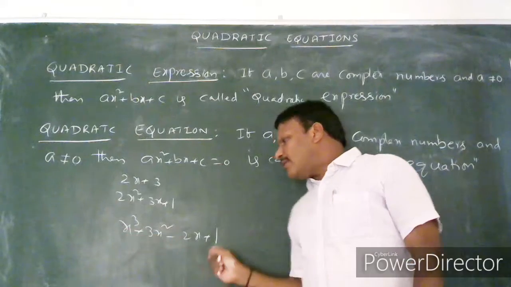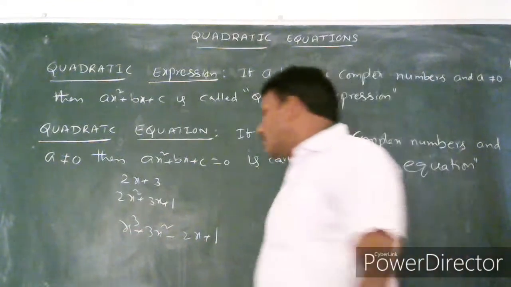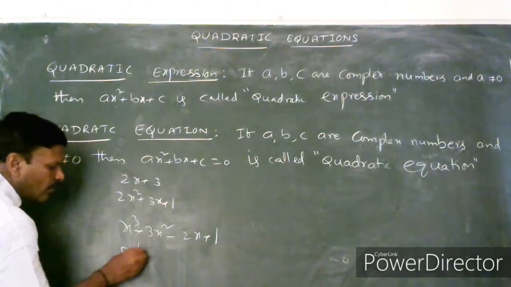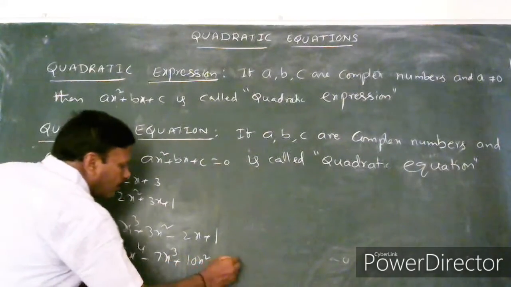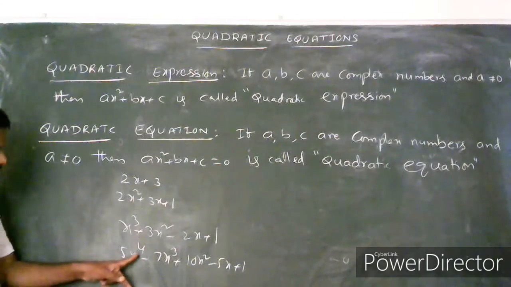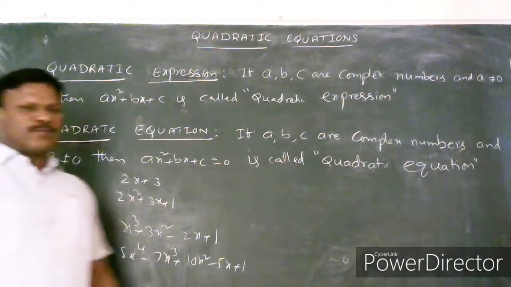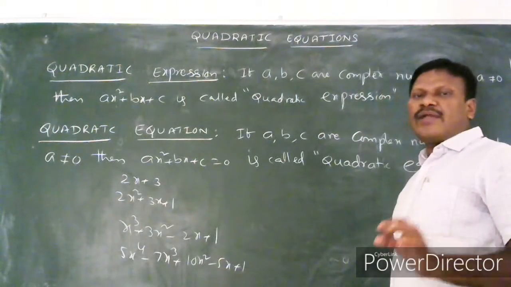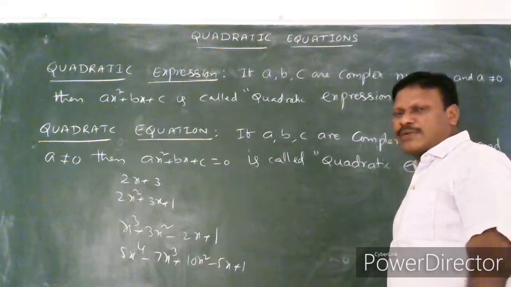Comparing all powers, the highest power is 3. It is a cubic equation. Similarly, 5x power 4 minus 7x cube plus 10x square minus 5x plus 1. Here the highest power is 4. That means it is a fourth degree expression or biquadratic expression.